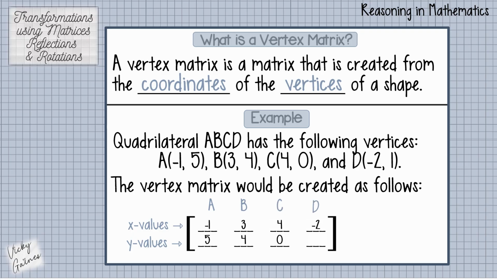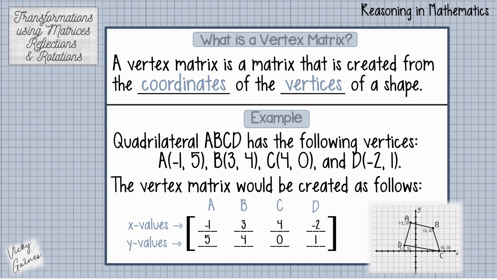And D, the Y value is 1, and the X value was -2. All the X values go in row 1, Y values go in row 2. That's our vertex matrix. This is a 2 by 4 because it is a quadrilateral. There are 4 vertices. And there is a graph of it.